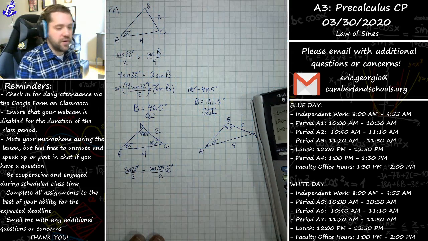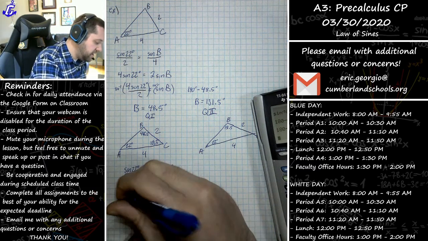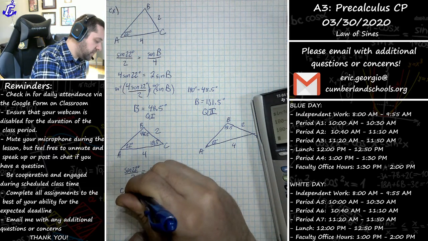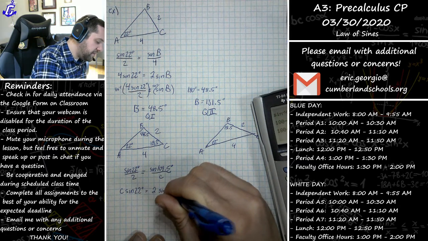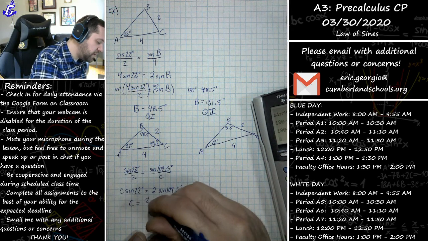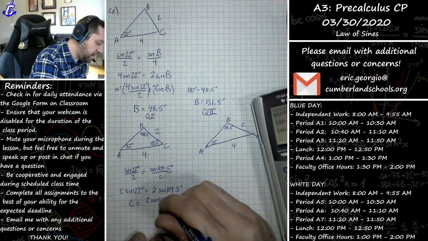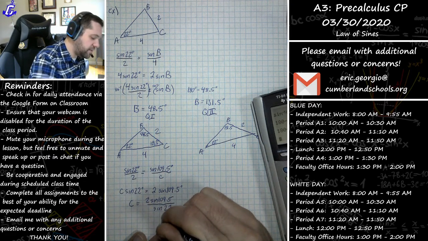To Molly's point, notice that this is definitely not an easy unit circle problem. This would definitely be decimals. So I would say C sine of 22 equals 2 sine of 109.5. Divide both sides by sine of 22, you'd get 2 sine of 109.5 over sine of 22.